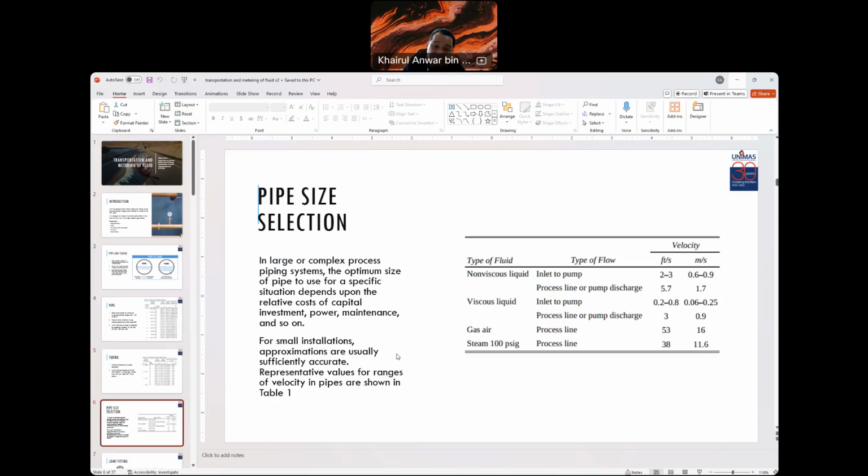Pipe selection. In a large or complex process piping system, the minimum size of pipe used for a specific situation depends upon the relative cost of capital investment, power, and investment. For small installations, the information is sufficiently accurate for a range of equipment as shown in table 1.